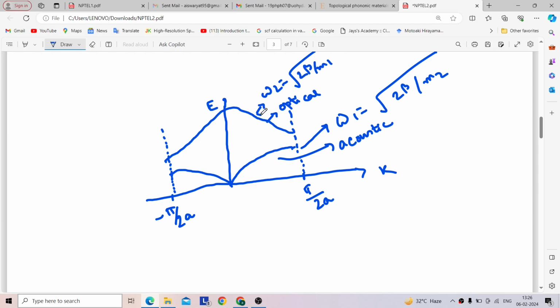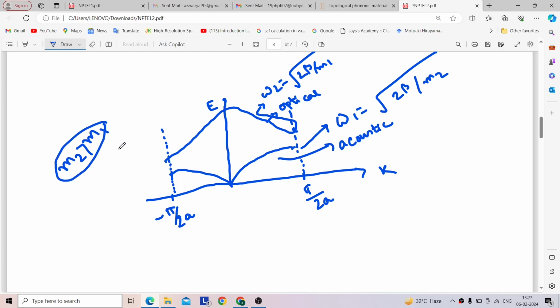Not exactly here, it will be on this point itself. So that means at the boundary of the first Brillouin zone, for the acoustical mode, the omega 1 will be root over 2 beta by m2, and for optical mode, the omega 2 will be root over 2 beta by m1.